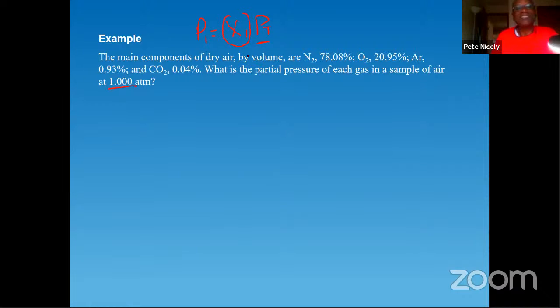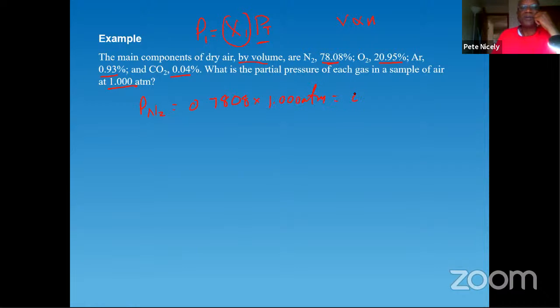Even though the question says that the percentages are by volume, volume is also directly proportional to the number of moles, right? So these percentages can also be mole fraction values. Therefore, we can start off with nitrogen. The partial pressure of nitrogen is equal to the mole fraction, which is 78.08%, or 0.7808, times the total pressure, which is 1.000 atmospheres.